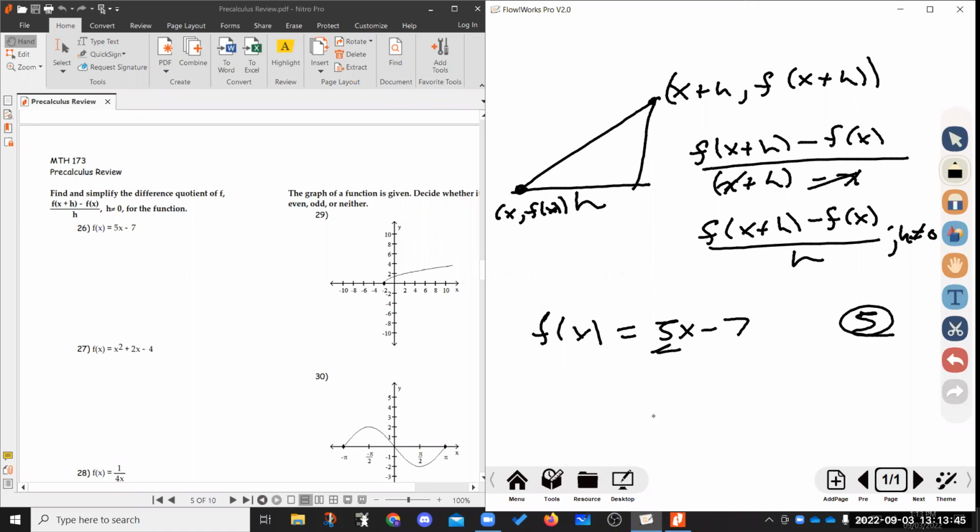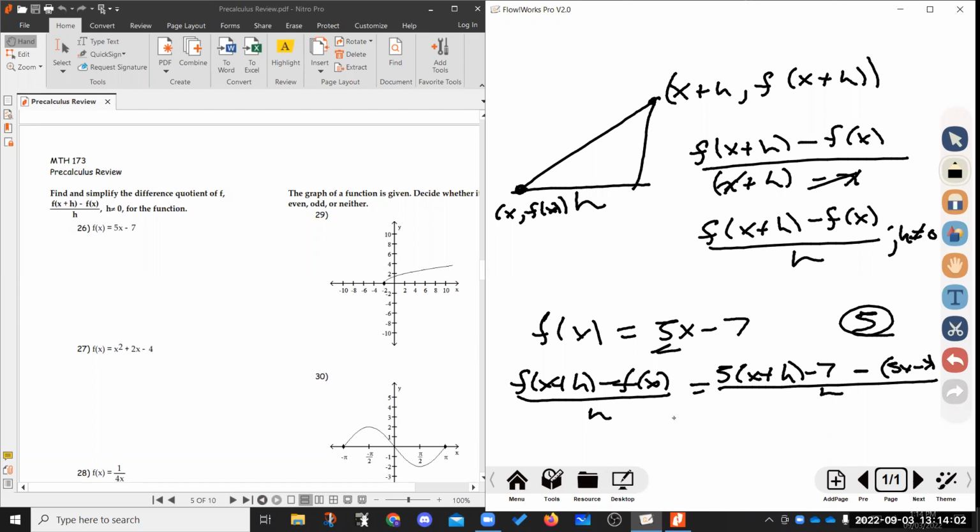But let's prove that. If we have f of x plus h minus f of x over h, that's going to be 5 times x plus h minus 7 minus the original 5x minus 7, all divided by h. That's going to be 5x plus 5h minus 7 minus 5x plus 7 all over h.